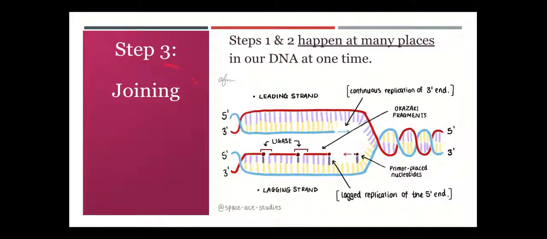This is why we have step 3. So step 3 is called joining, and it's all about fixing those small imperfections in the DNA molecule so that the strand is continuous. So it fixes those little blips where the sugar phosphate backbone hasn't been formed yet.